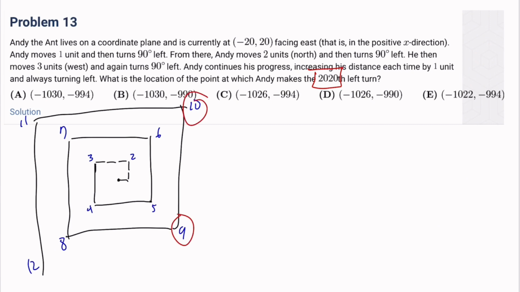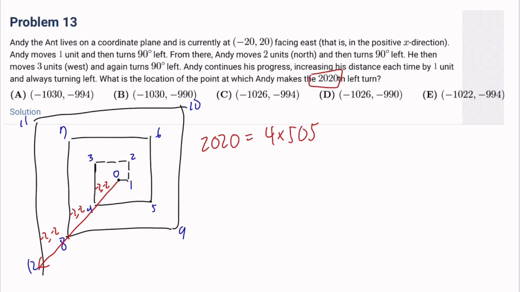Right now the middle is the 0th turn, and this is the first turn, and as we go in this direction, it increases by 4. Each increase of 4 is going -2 and then -2 more for x and the y-axis, right? So we want 2020, and 2020 is 4 times 505.